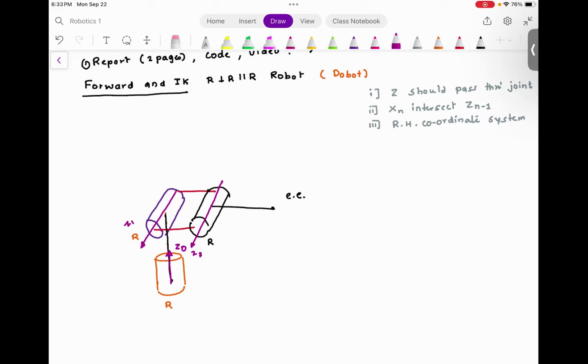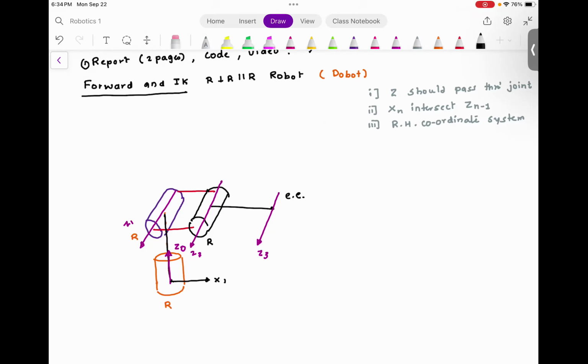And since the end effector has no joint, I'm gonna assume my Z3 is something like this. So I have Z0, Z1, Z2, and Z3. Everyone understood this? Then I'm gonna assign my X1.